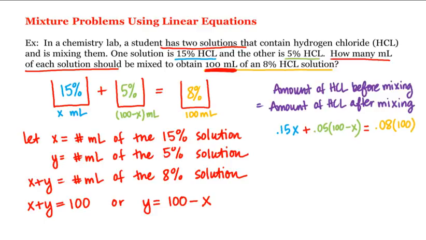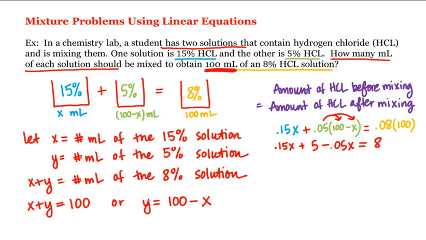We have 0.15 times X plus, and distributing the 0.05 to both of these two terms, gives us 0.05 times 100, which is 5, and then minus 0.05 times X is equal to 0.08 times 100, which is 8.